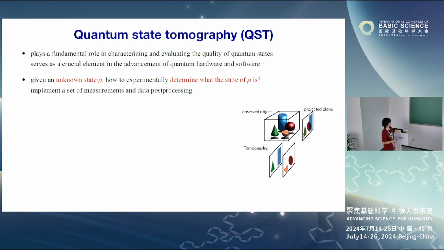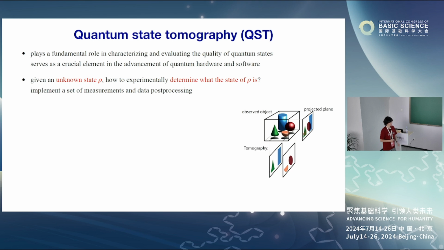It also serves as a crucial element in the calibration of quantum hardware and software. The basic idea is, given an unknown state rho, how to experimentally determine what the state rho is, by doing some measurements.